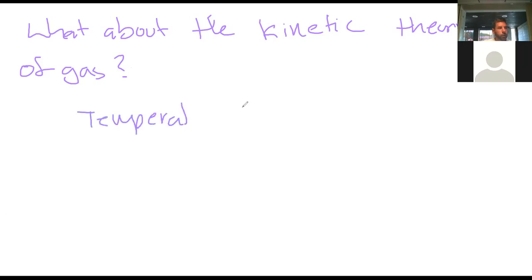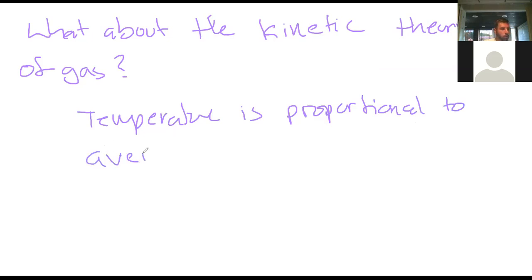So temperature is proportional to average kinetic energy.